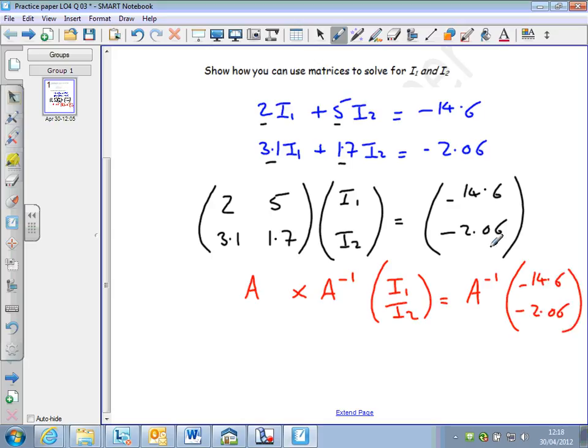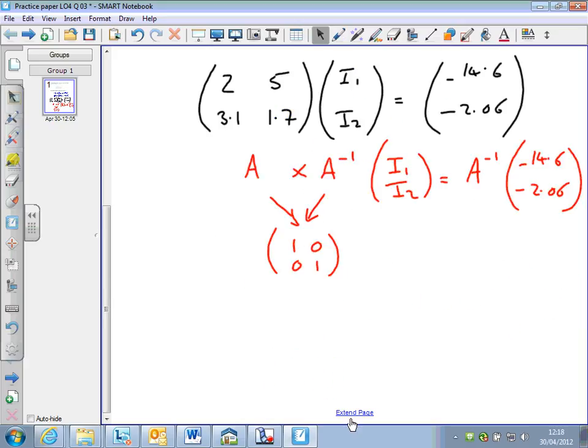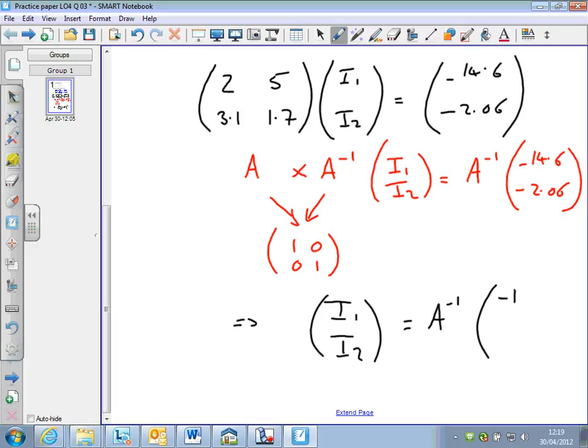And then we remember that this times this is the unit matrix, 1 0 0 1, which is effectively 1 in numbers, but it's the number 1 in matrix form, which means we'll be left with I1, I2 equals A to the minus 1 times minus 14.6, minus 2.06.